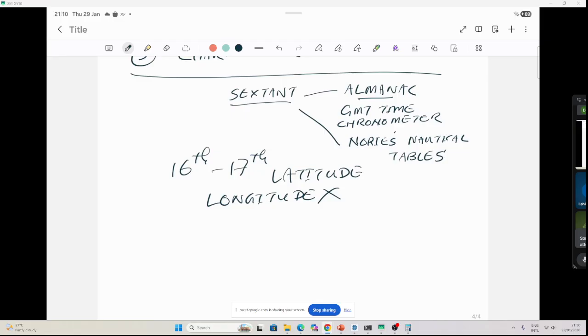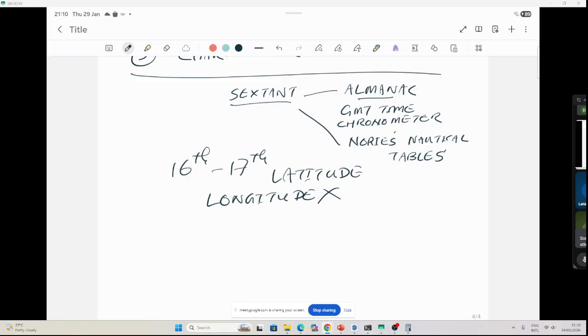They could not use it in a ship. Why? The reason was the clock is made out of metal. Right? The chronometer is made out of metal. But when the metal is exposed to the weather, for example freezing weather, or maybe high temperatures, the metal expands and shrinks.